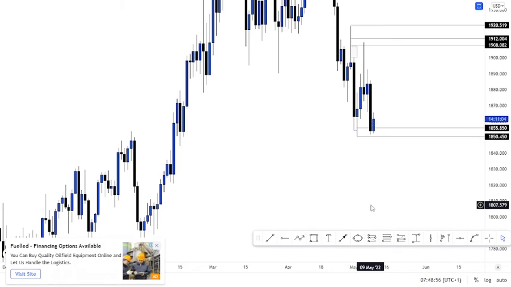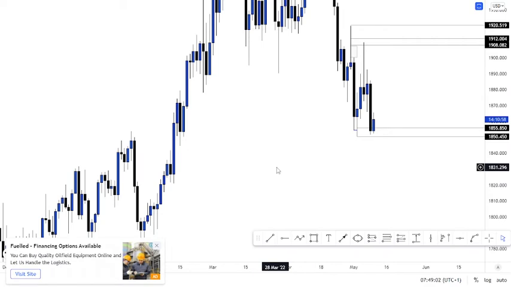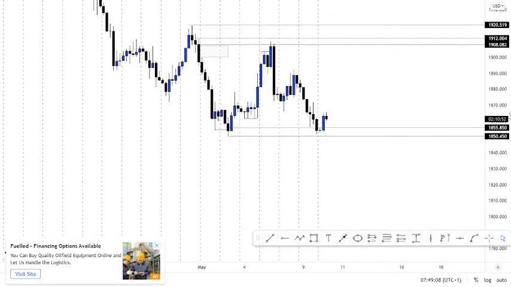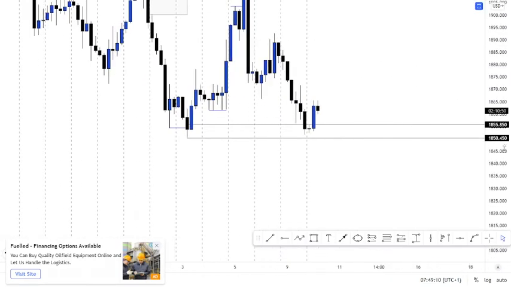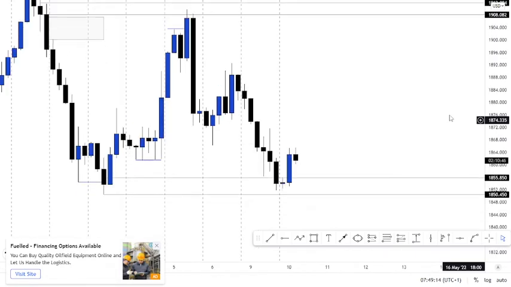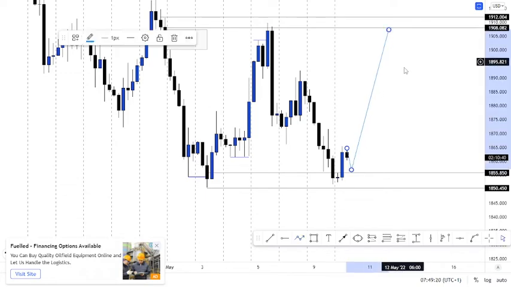So let's look at 4 hours time frame. Coming into 4 hours, based on what I'm seeing, I would want to take this as a pullback, then continuation to the upside.